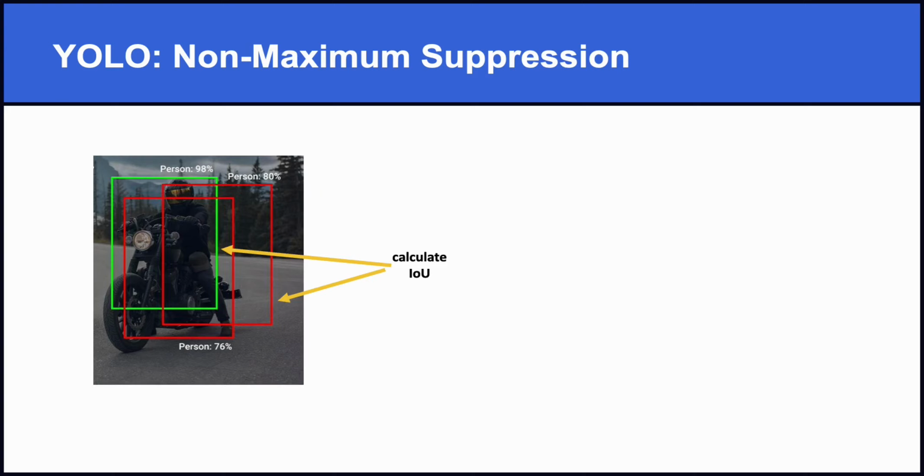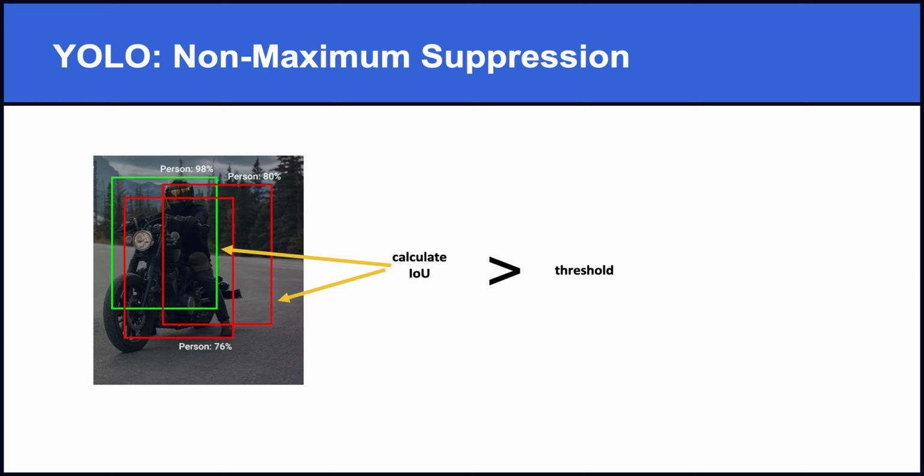So the first step to it is to calculate the IOU between the highest scoring B box, in this case it's the one with 98% confidence score, and the one right below it, so the one with 80% confidence score. And if that IOU is bigger than a certain threshold, so for example 0.6, 0.5, it depends on your model and your case, we are going to drop the second one.